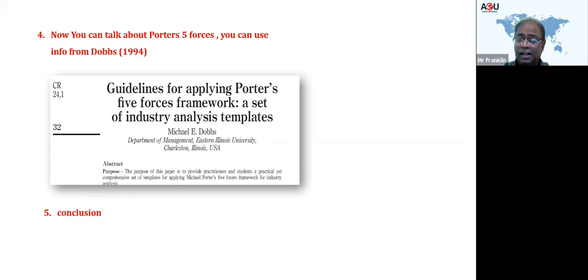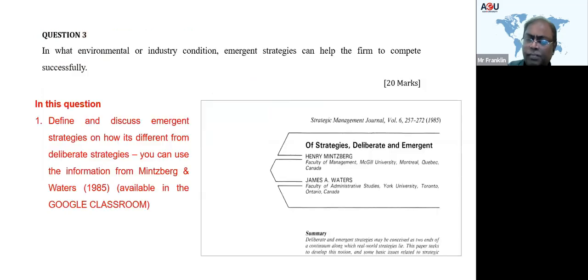You started off by talking about how SWOT is not good enough. Then you talk about new ideas from others like Porter's, and this one is a better way. You explain a little bit about it, and then finally you come to the conclusion. You don't have to explain a lot about Porter's because the question assumes you already know something about Porter's and all that, right? So don't have to explain too much.